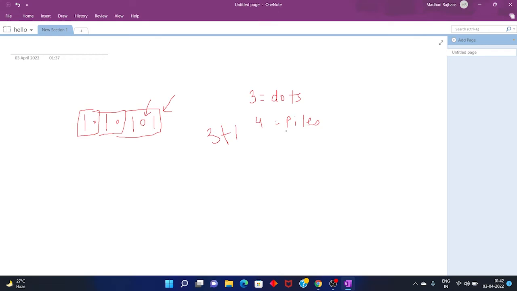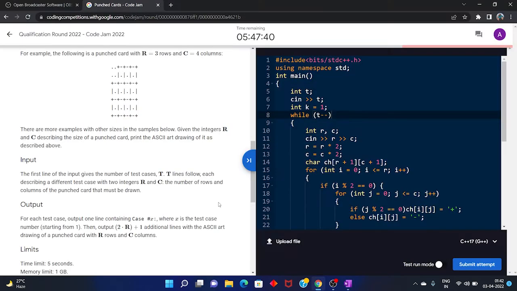So the columns will be equal to the number of dots, which is C, given in the question, into 2 for the pipes in front of the dots, and the last pipe, plus 1. The same goes for the rows. If I have a plus sign and a pipe, again a plus sign and a pipe, and in the end I will require a plus sign.